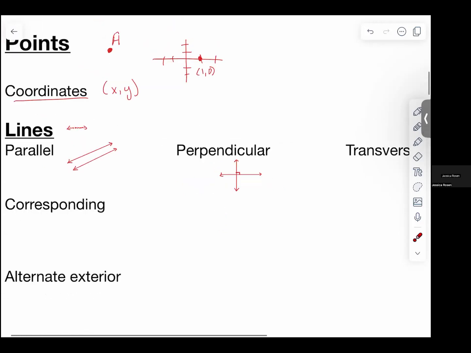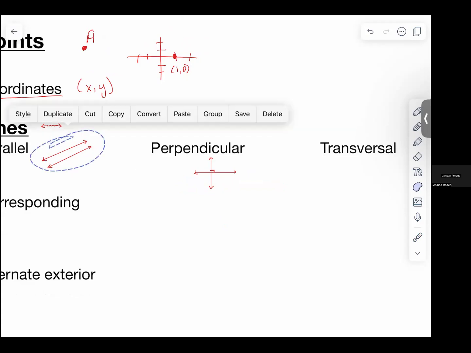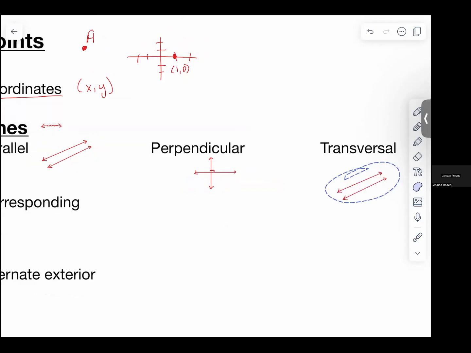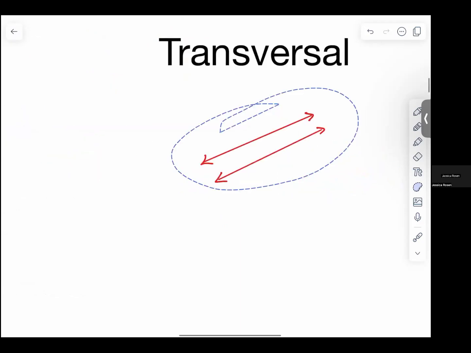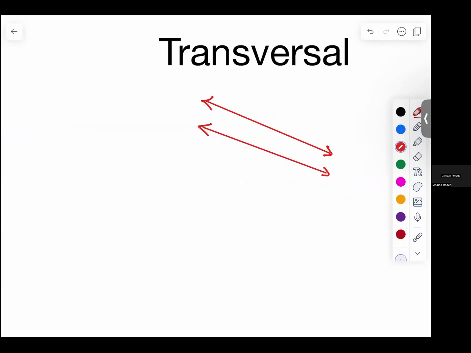And then you're going to see something called a transversal. A transversal is used with parallel lines. So I'm just going to copy this and paste it over here. And what a transversal does is it transverses, so goes across other lines. So this is going to be your transversal.